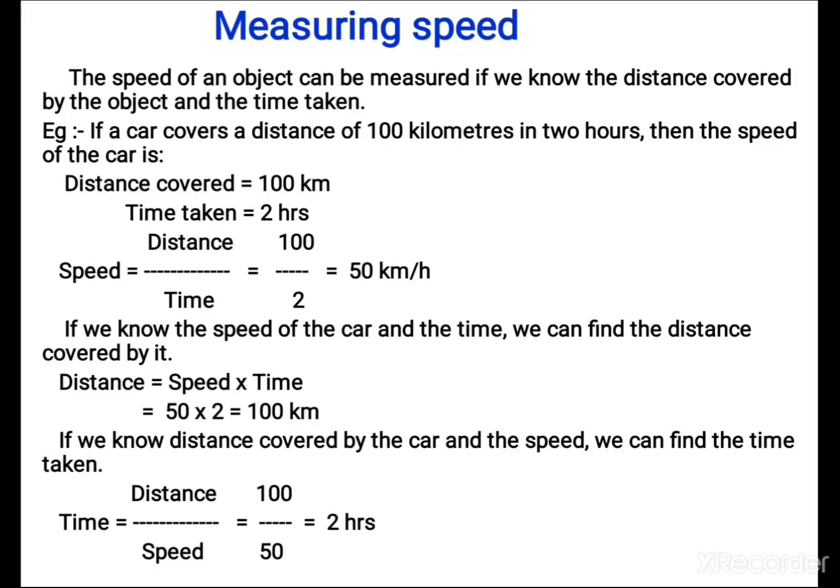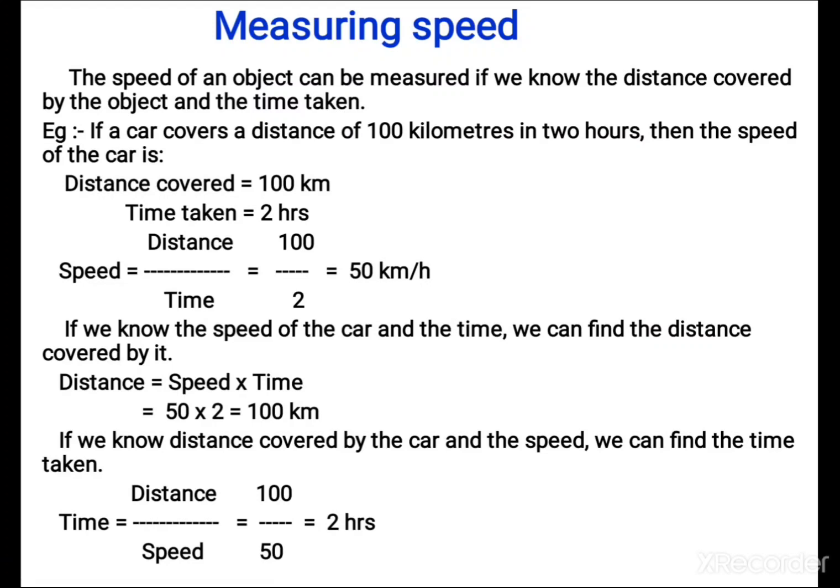If we know the speed of the car and the time, we can find the distance covered by it. Distance is equal to speed multiplied by time. 50 multiplied by 2 is equal to 100 kilometers.